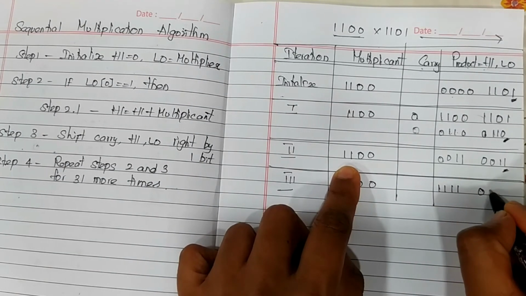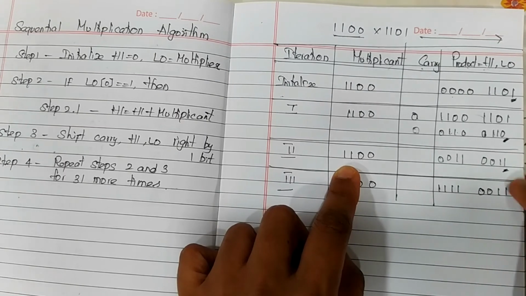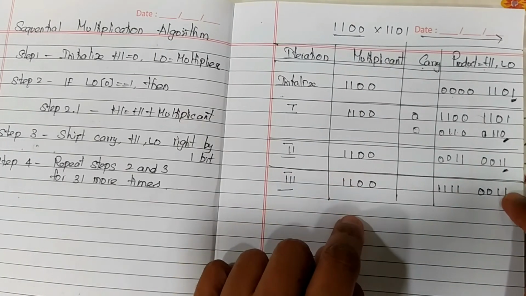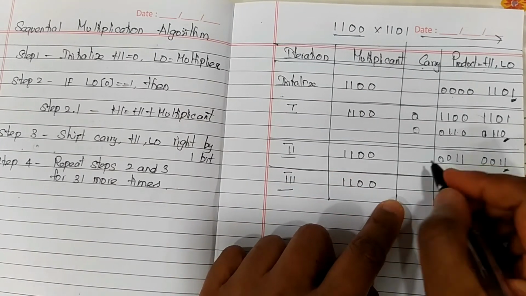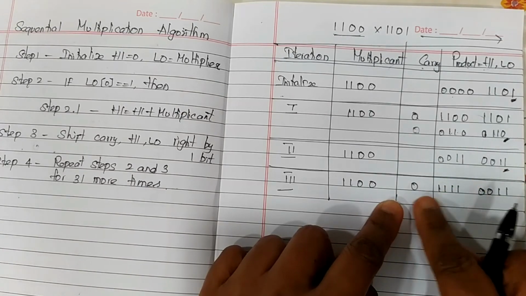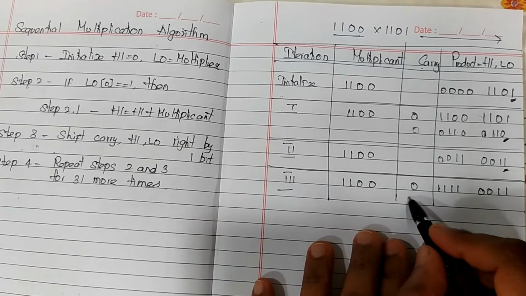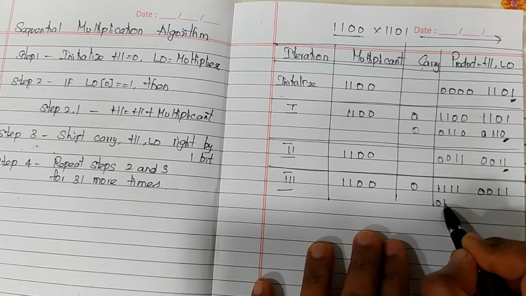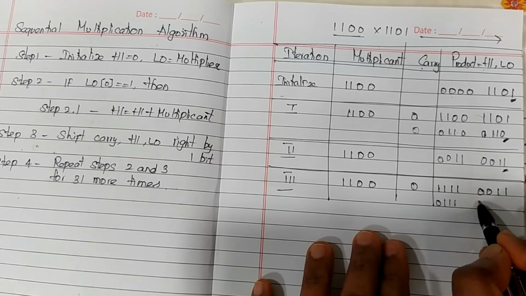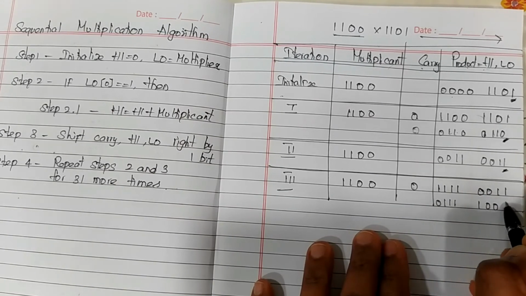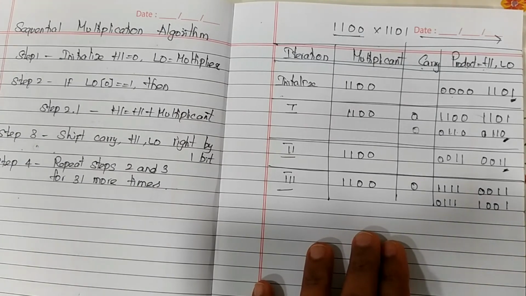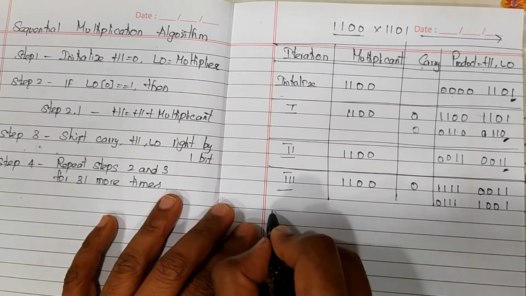Leave the low as it is. Now shift the carry with the high and low to the right side by 1 bit. Carry is 0. So this 0 comes here, 1, 1, 1, and this one 0, and then 1. Is it clear? Now the third iteration is over.